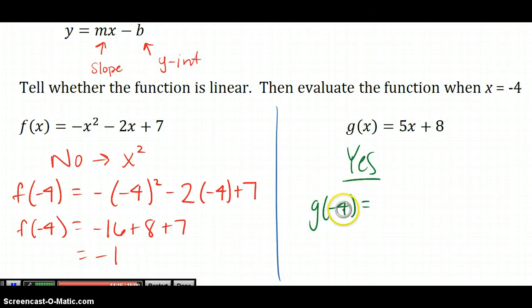So g of negative 4, and when I evaluate that, I get negative 12. Just a reminder that this g of negative 4 is called functional notation, and it does not mean g times negative 4, it means g of negative 4. So instead of x, it means plug in negative 4 for x.